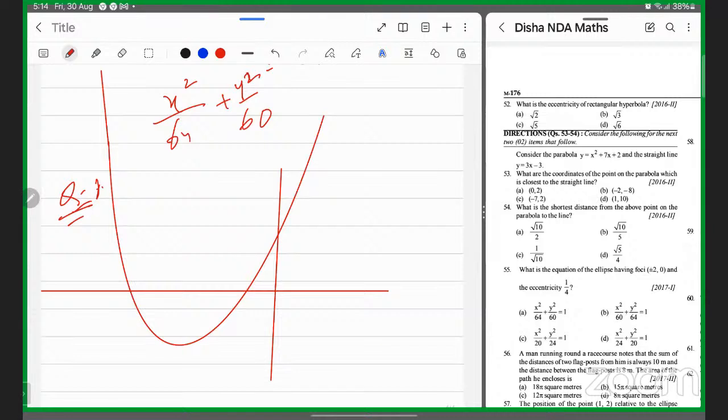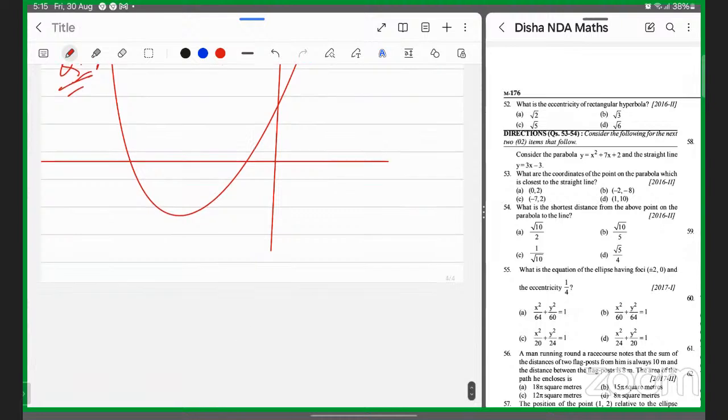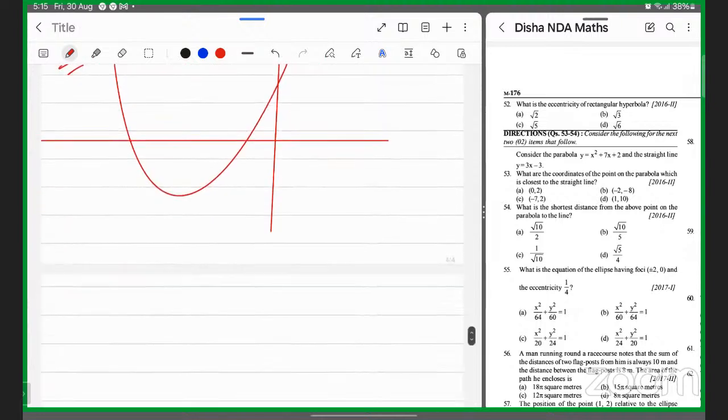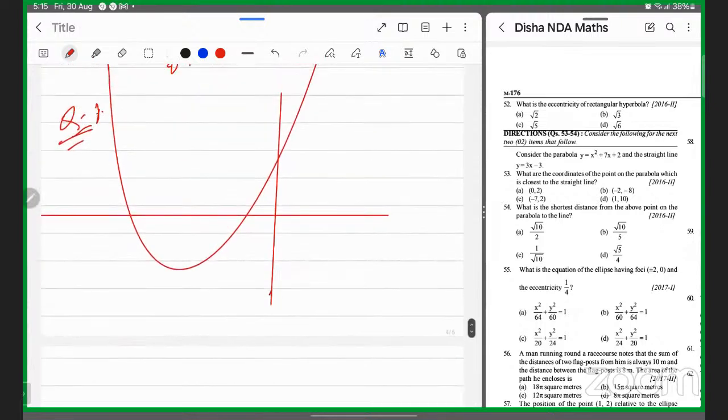Now the slope is positive and the intercept is negative. You will get the line like that.